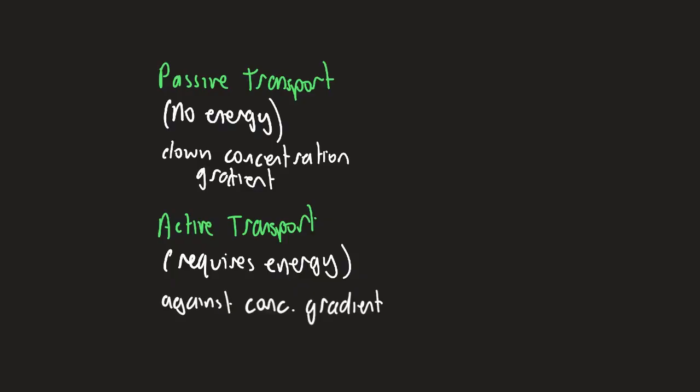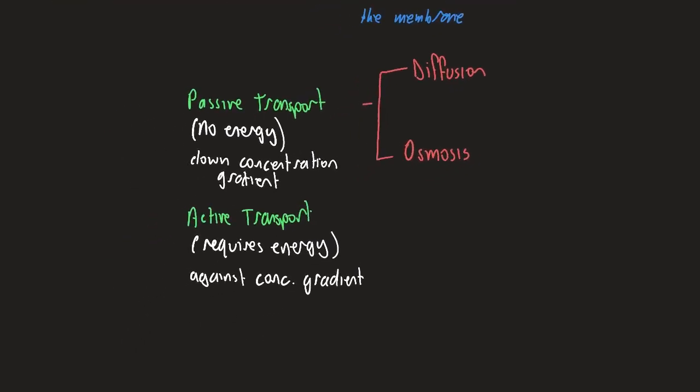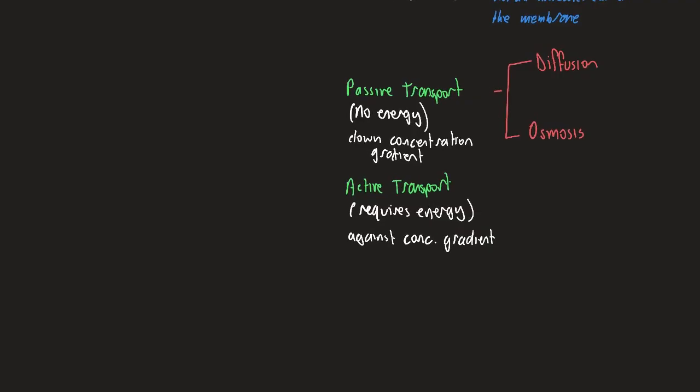Now, we can divide passive transport even further. I'm going to divide that into two key ways: diffusion and osmosis. Before we talk about the differences between those two, I want to remind you of some terms. First of all, we have solvent.